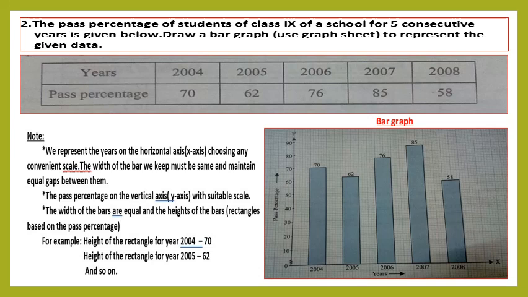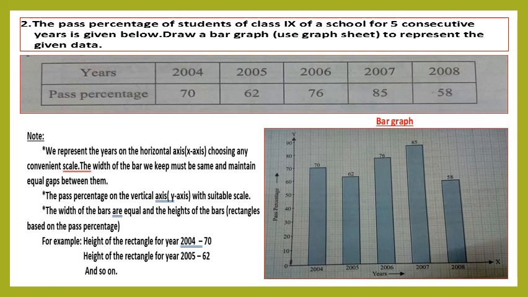Second point, the pass percentage are taken on the vertical axis, that is on y-axis, with suitable scale. In the given table, the maximum value of the pass percentage is 85. So on y-axis, we are taking 1 unit is equal to 10%.